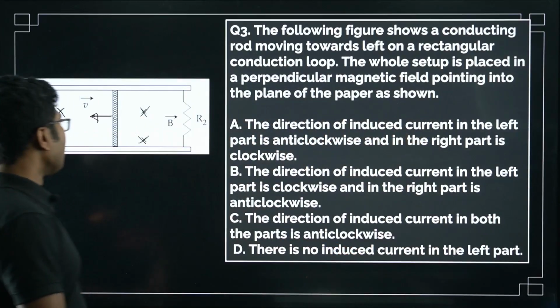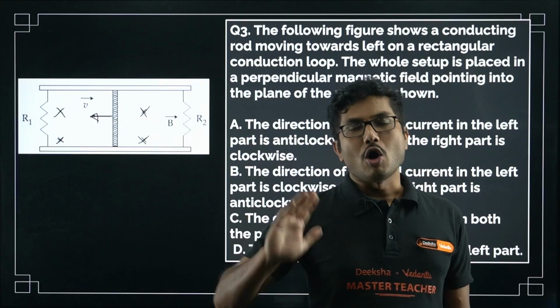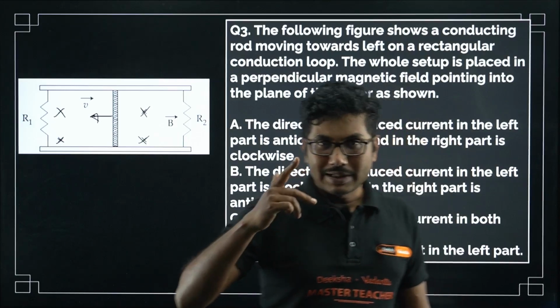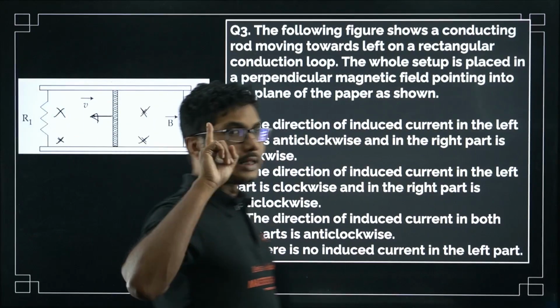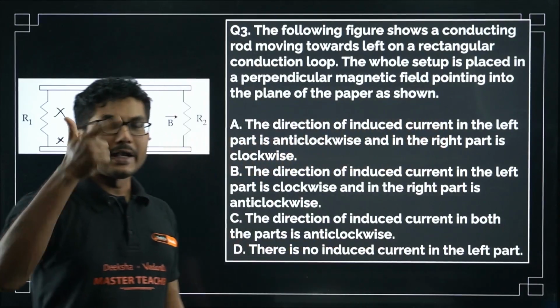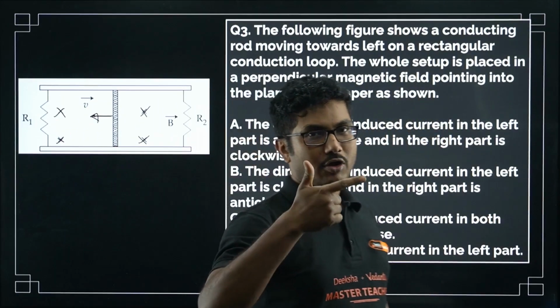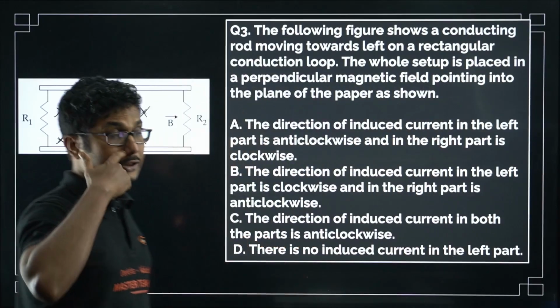What formula will we use? We can either use the cross product rule, or we can use Fleming's right hand rule. I am teaching you Fleming's right hand rule. Always remember that the index finger represents the direction of magnetic field, your thumb represents the direction of motion, and your middle finger represents the direction of current.